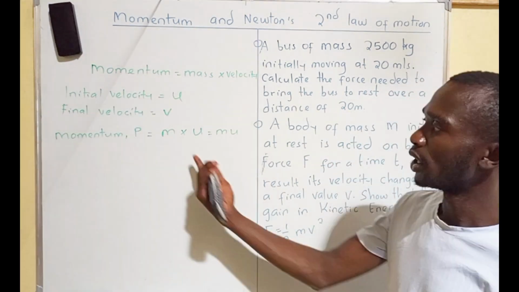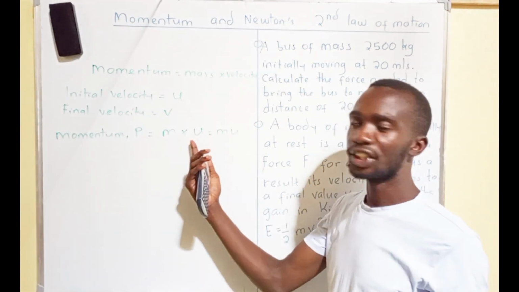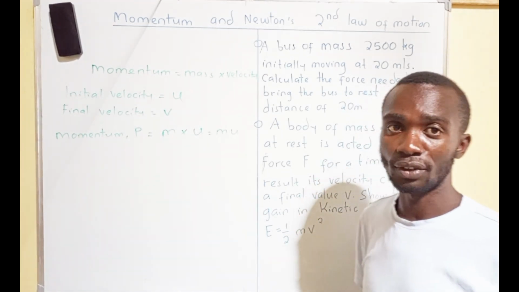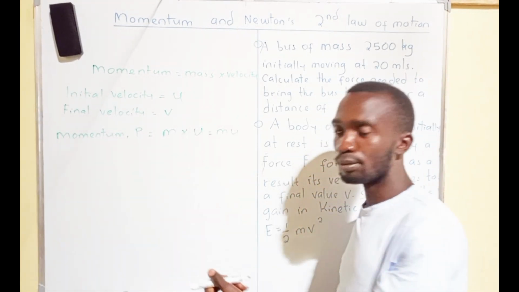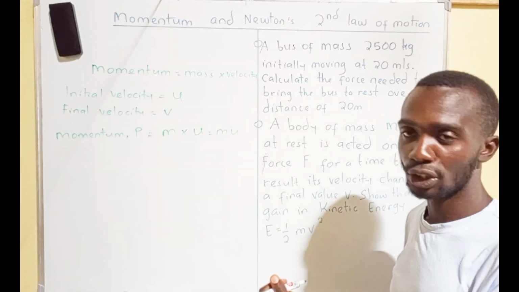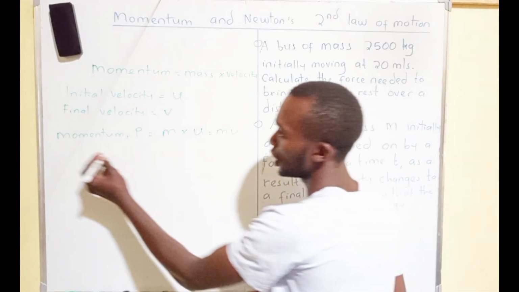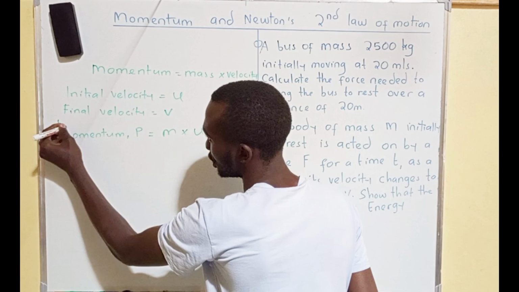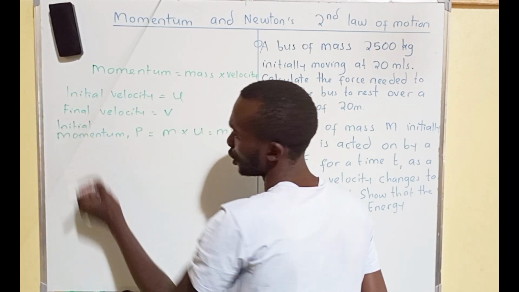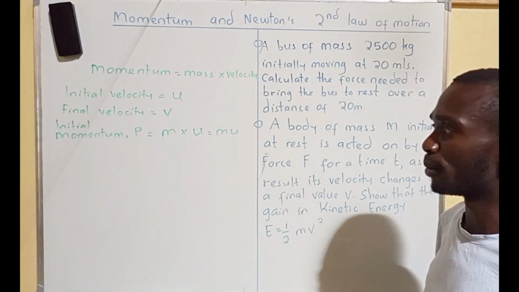Since this is the initial velocity, this is known as the initial momentum of a body.